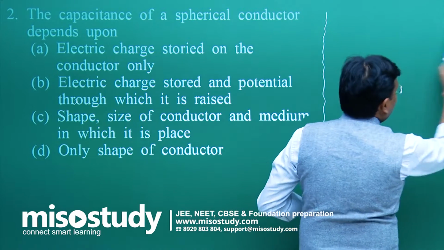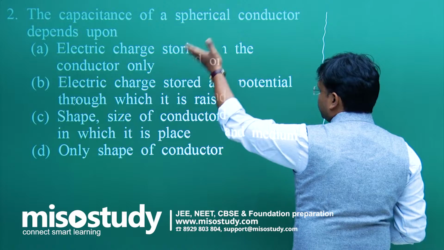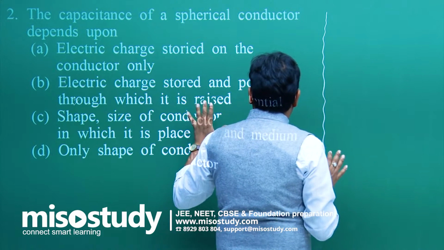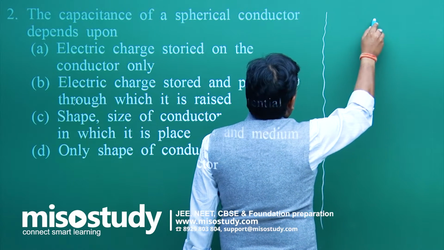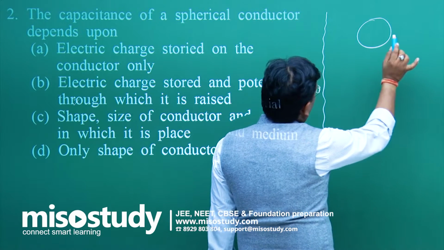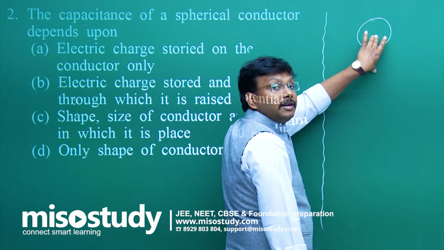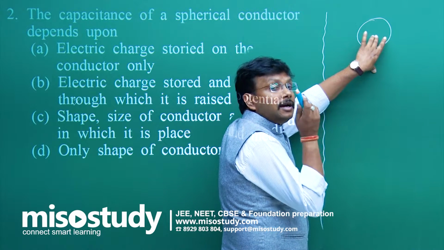And then one by one I will explain what exactly has been asked in the question and what is the correct solution. So for the time being, if some portions are not visible to you, don't worry. It is like that, this is a conductor. Fine. So the problem is, on what parameters this capacitance, this capacity of this conductor, depends.